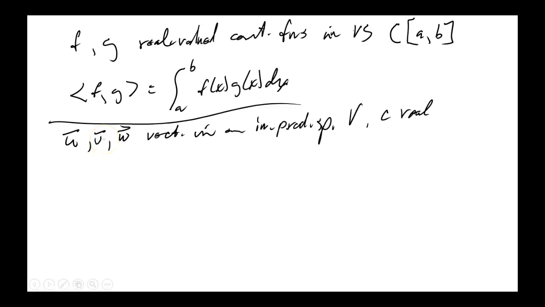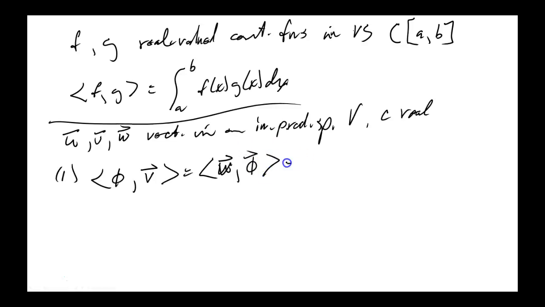Here are the three properties. 1: anything with a zero vector gives zero. The inner product of the zero vector with v is going to be the same as v with the zero vector. Well, you know that from the first general rule, but then this is always 0. Not a zero vector, the number 0.